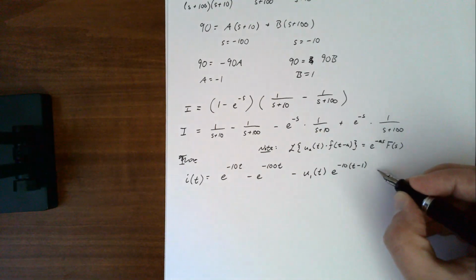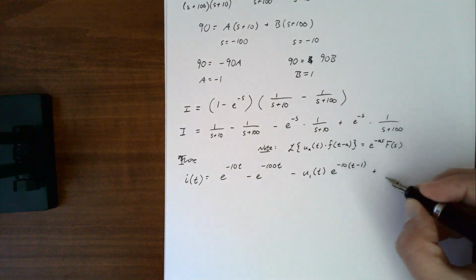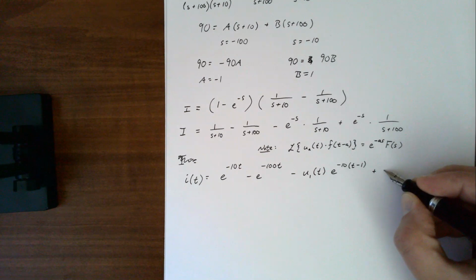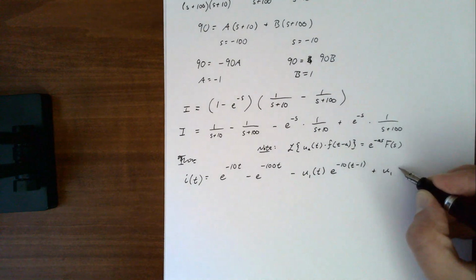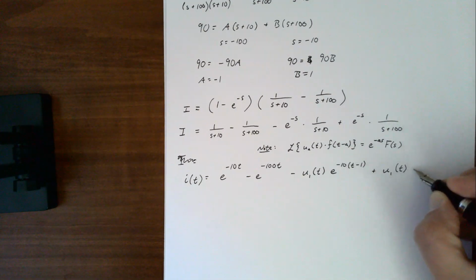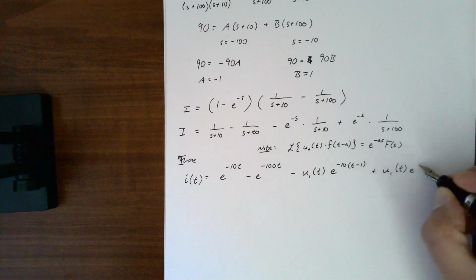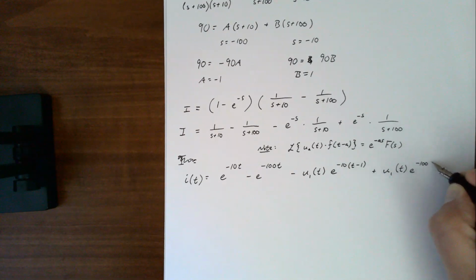Okay, well, so be it. And then what happens next? We have plus u sub 1 again of t, and then e to the negative 100 t minus 1.